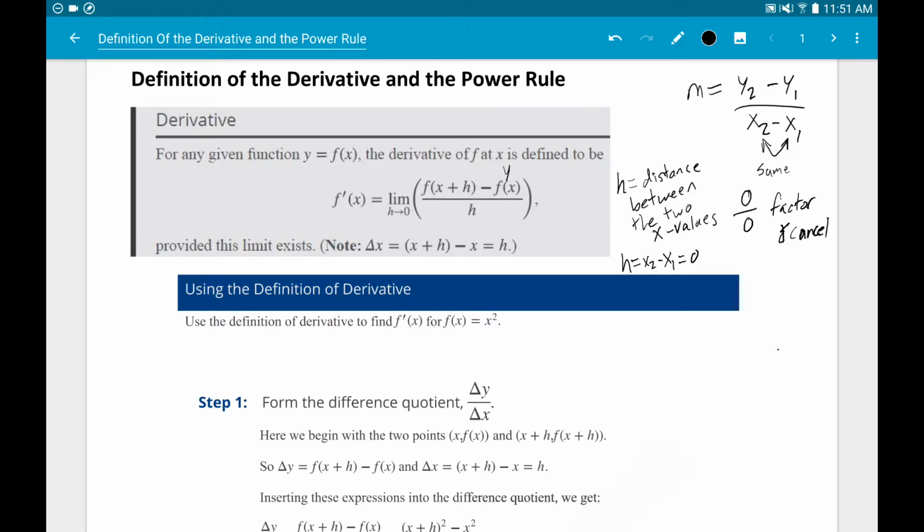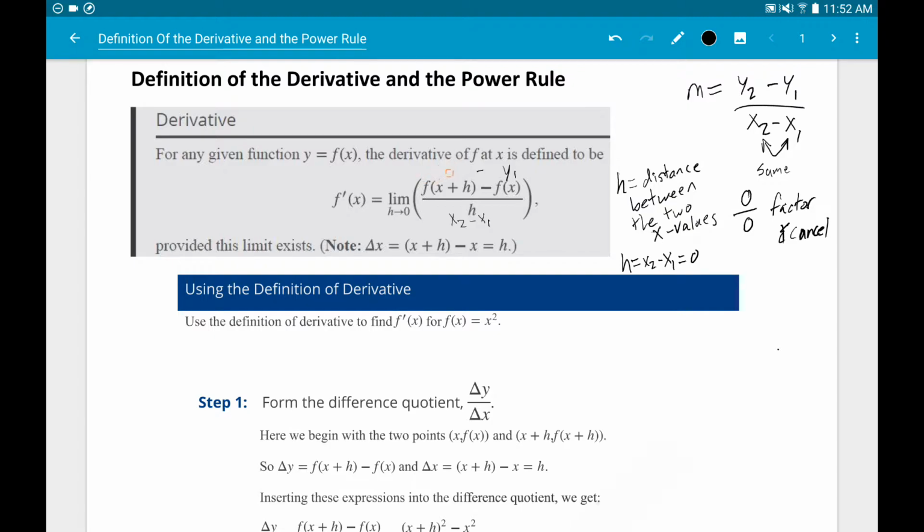Plugging it into the function and getting a y value there. So this is also a y value. In essence, on top you've got y sub 2 minus y sub 1. And then on bottom, remember we said h is the same thing as x sub 2 minus x sub 1. So it's just a rewritten way to write the slope formula, specifically for when the distance between the x values is 0. So h is going to be 0 here.